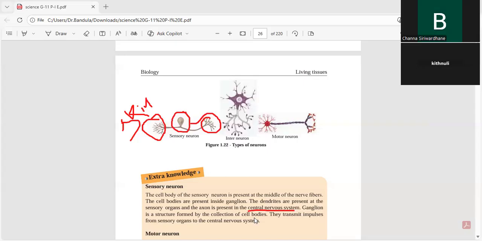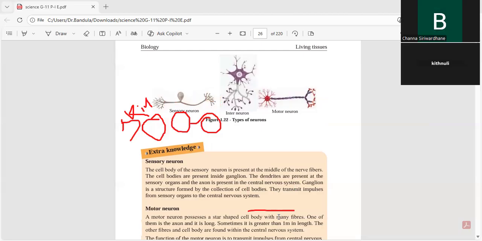Now you saw it. They transmit impulses from sensory organs to the central nervous system. When they are saying central nervous system, you have to remember what it means. It is the brain or the spinal cord.